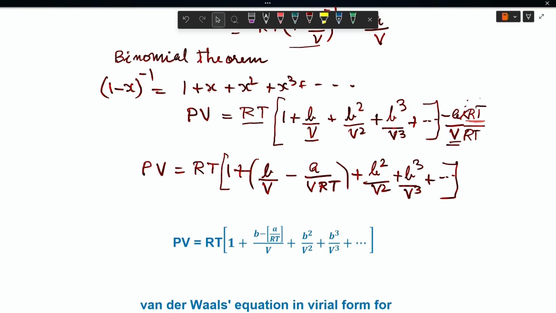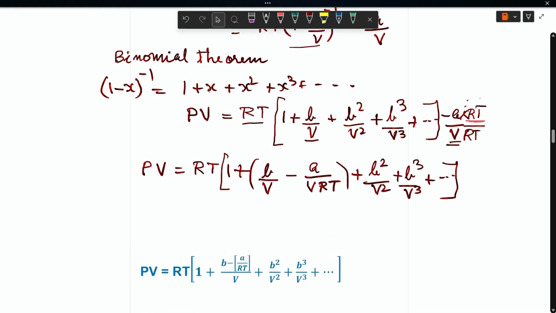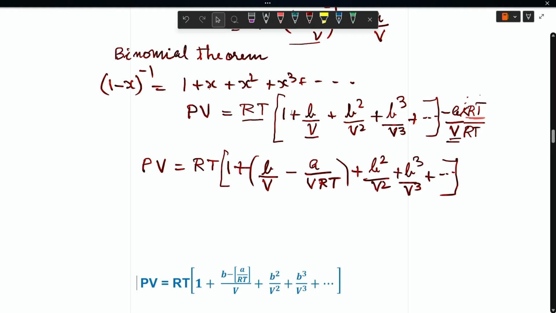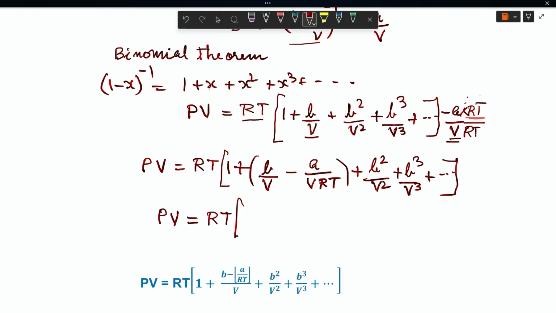I will make some space over here. That is PV is equal to RT into bracket 1 plus the first term is B. I am going to take V as a common denominator.